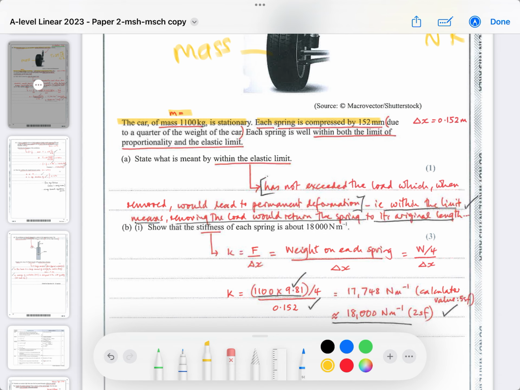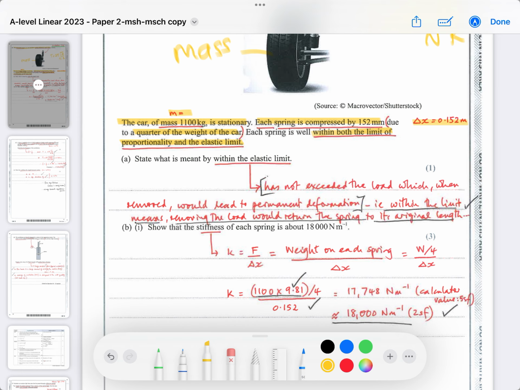Okay, so the alternative to extension is compression, and that would be a way of working out the stiffness of the spring. Okay, then each of these springs are taking a quarter of the weight of the car. Each spring is well within the limit of proportionality and the elastic limit.